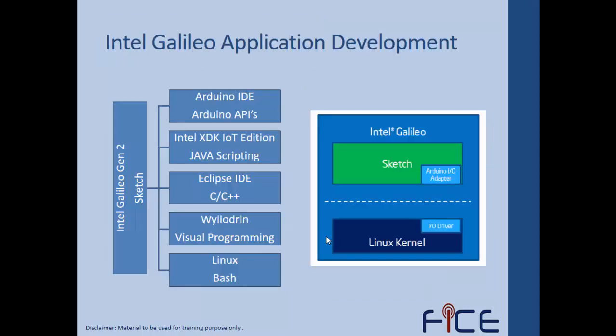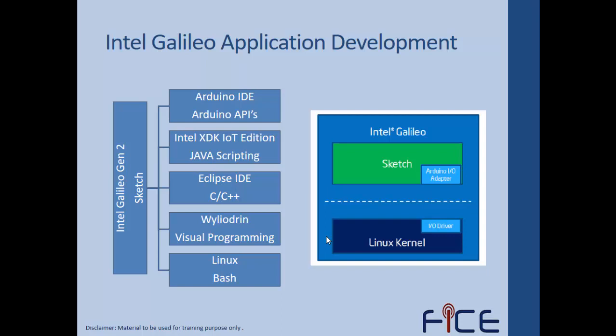Now, Intel Galileo Gen 2 application development. What type of applications can we write, what sketches can it support, and what programming languages can we use for the Intel Galileo Gen 2 board? As in the previous webinar, we discussed the libraries and programming language support for the board. We use the Arduino IDE to write programs using Arduino APIs.